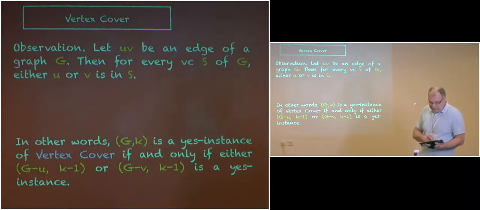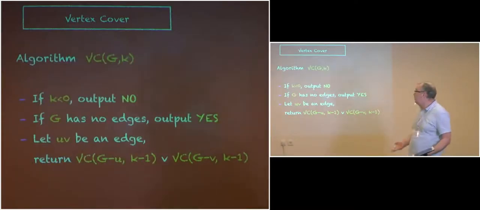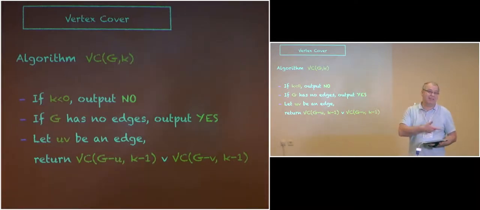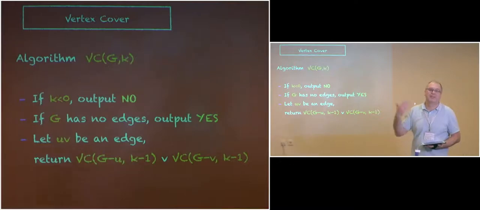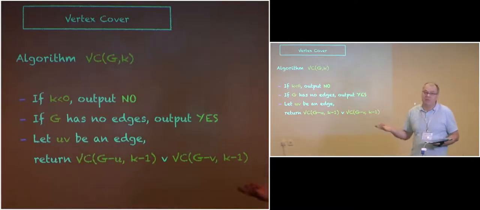This gives me immediately the following branching algorithm for vertex cover. I have a graph G and an integer k as a parameter, and then I check. If my parameter is less than 0, I cannot have a vertex cover of size -1 in this graph, so something goes wrong and I say no. If my graph has no edges and k is non-negative, then yes, I have a yes instance.